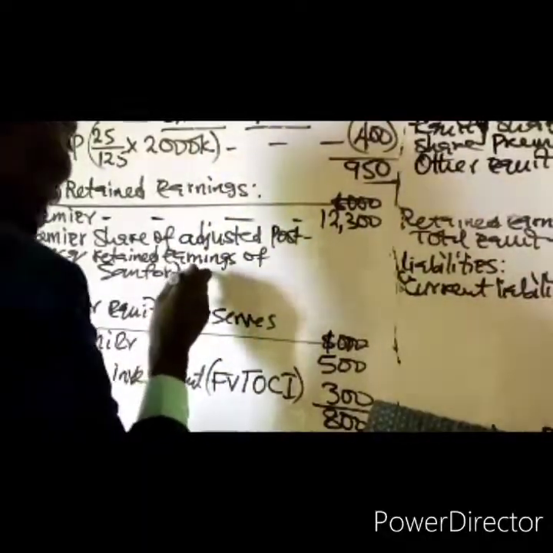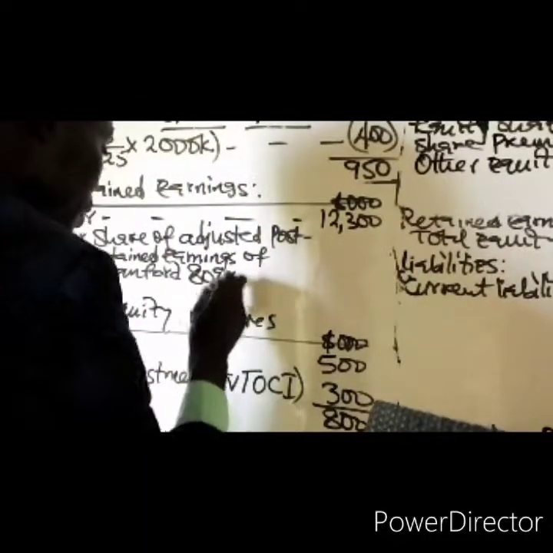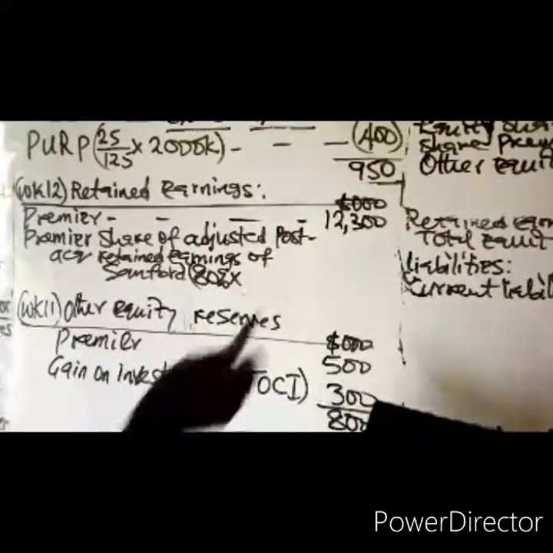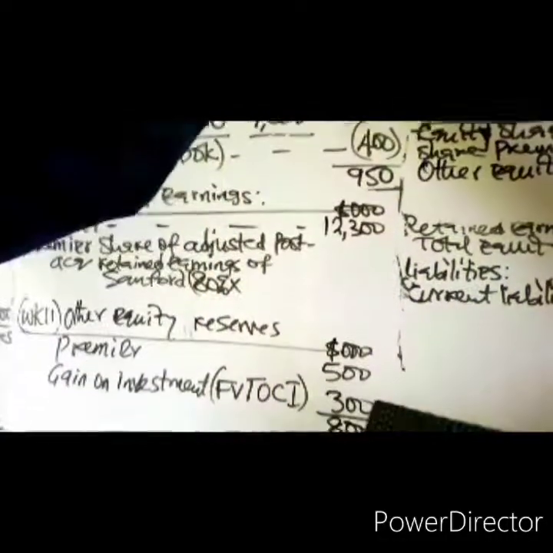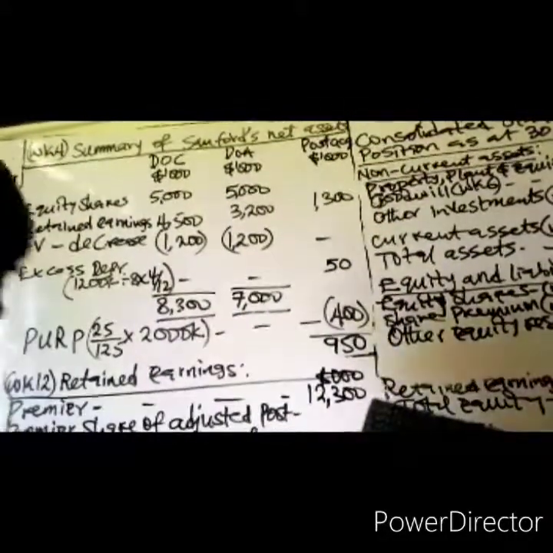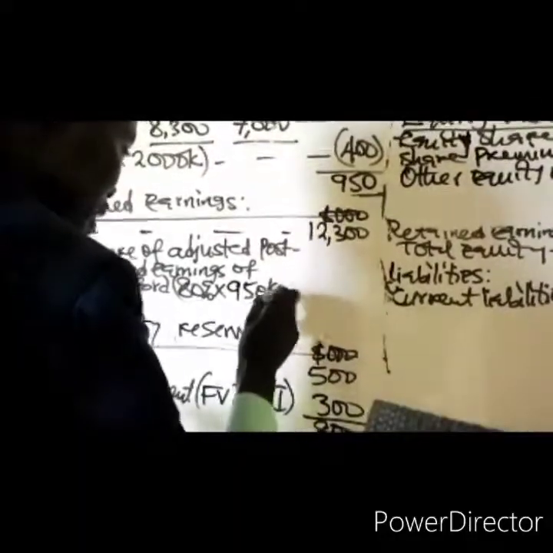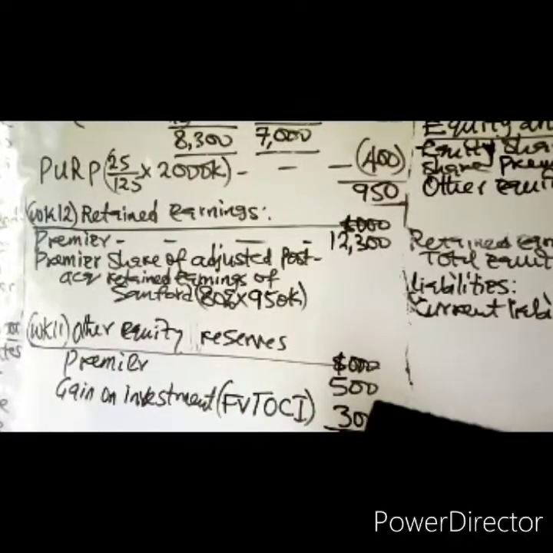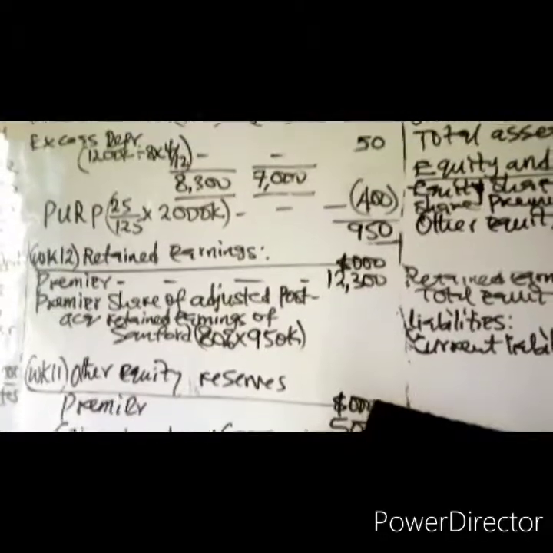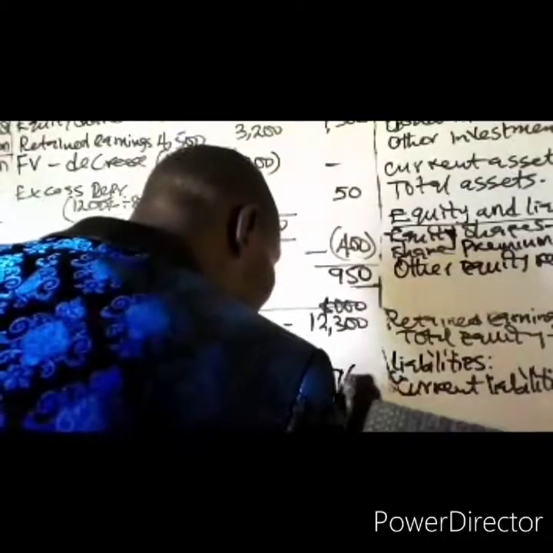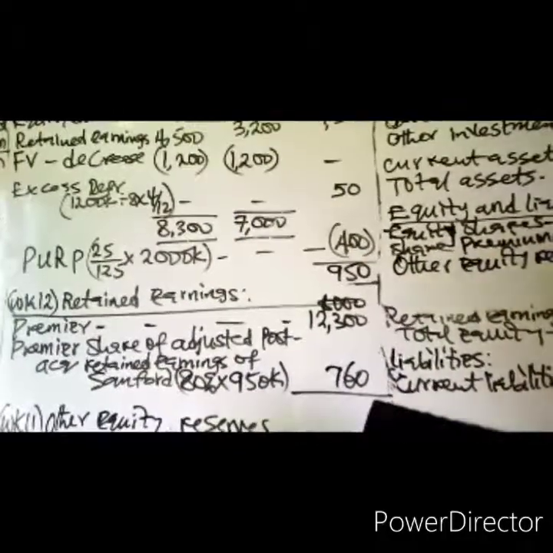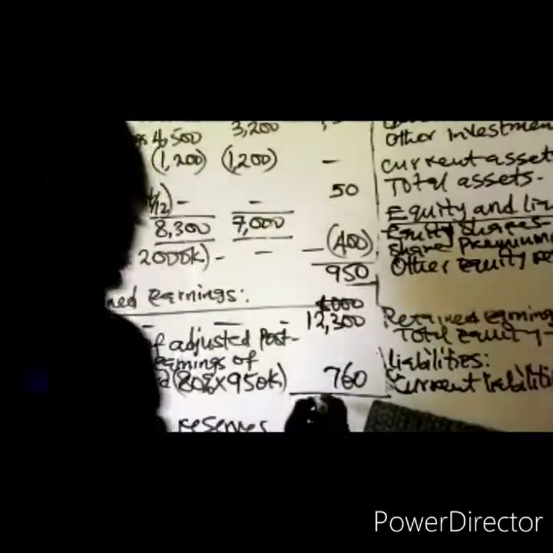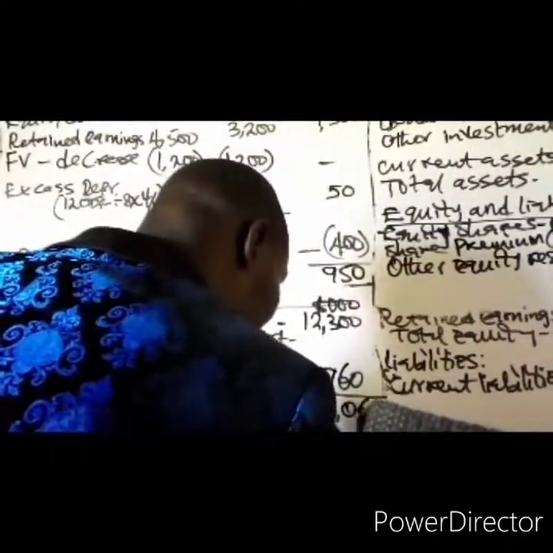The percentage of shares acquired is 80%. 80% of 950, which is the adjusted post acquisition profit. 80% of 950,000, and that will be 950 times 0.80. That will give us 760. If you add the 760 to 12,300, it will give us 13,060.